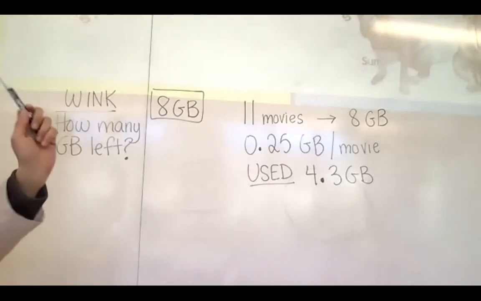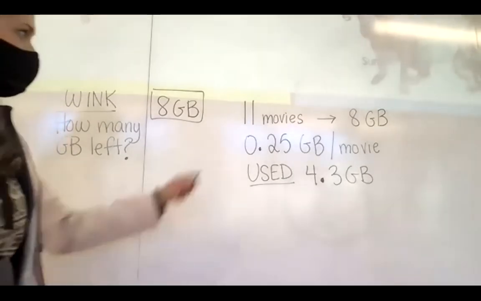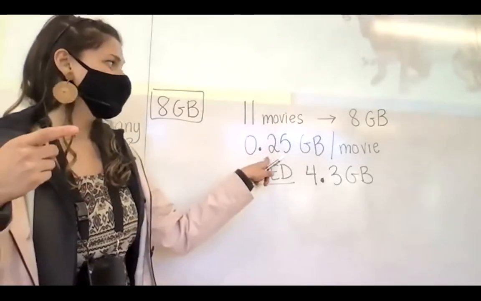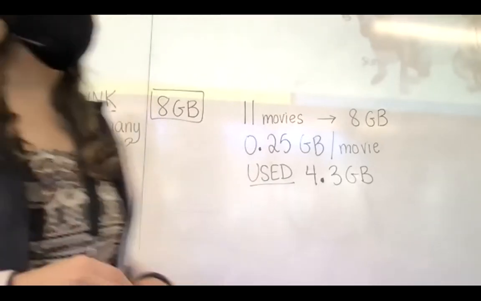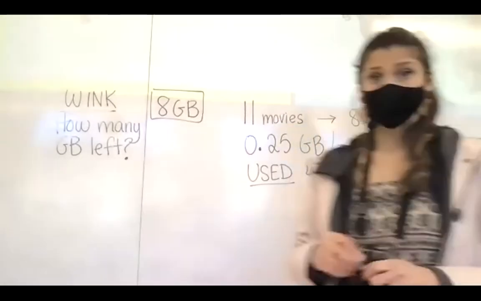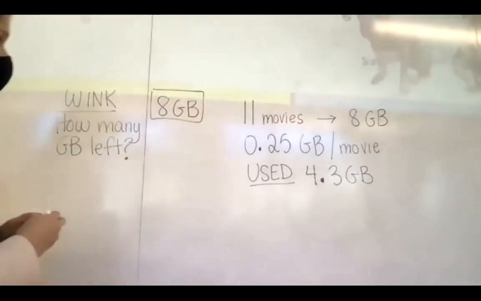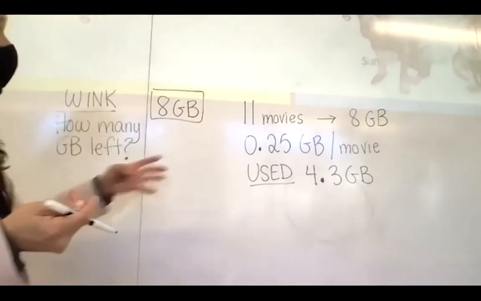So far, do you have a question that popped into your head? Just knowing that there are 11 movies, there are 25 hundredths of a gigabyte per movie. When you hear that word, that gives you an operation. Okay, the question is how many gigabytes will all the movies take? Exactly.